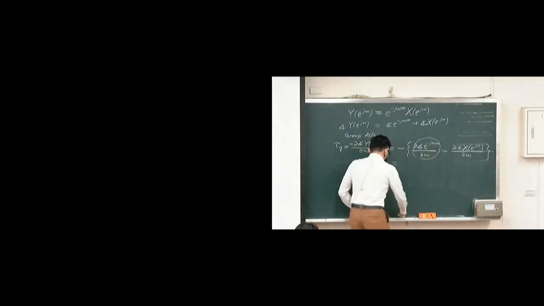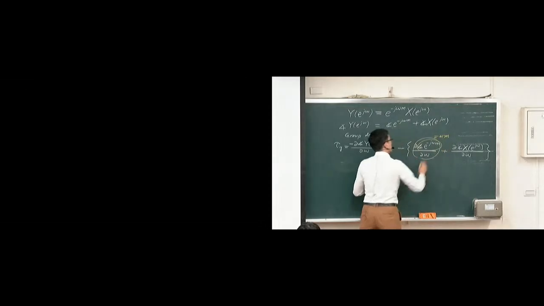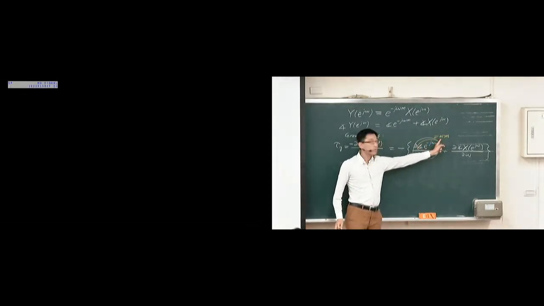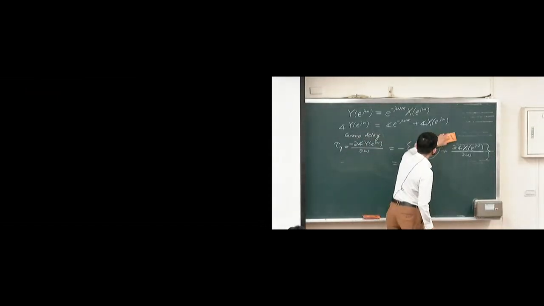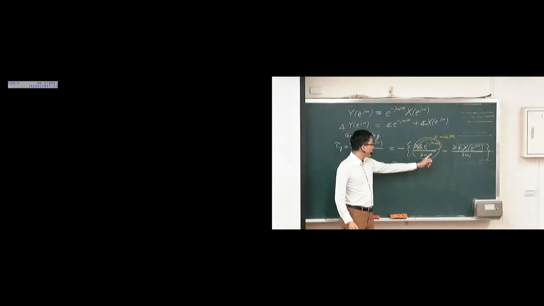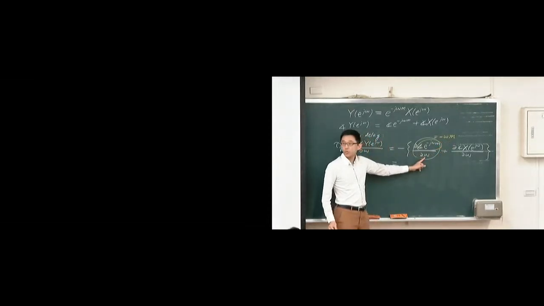So here the phase equals omega m. I'm sorry, there should be a minus sign: not omega m, but minus omega m. And then when we take the derivative of minus omega m with respect to omega, what do we get?